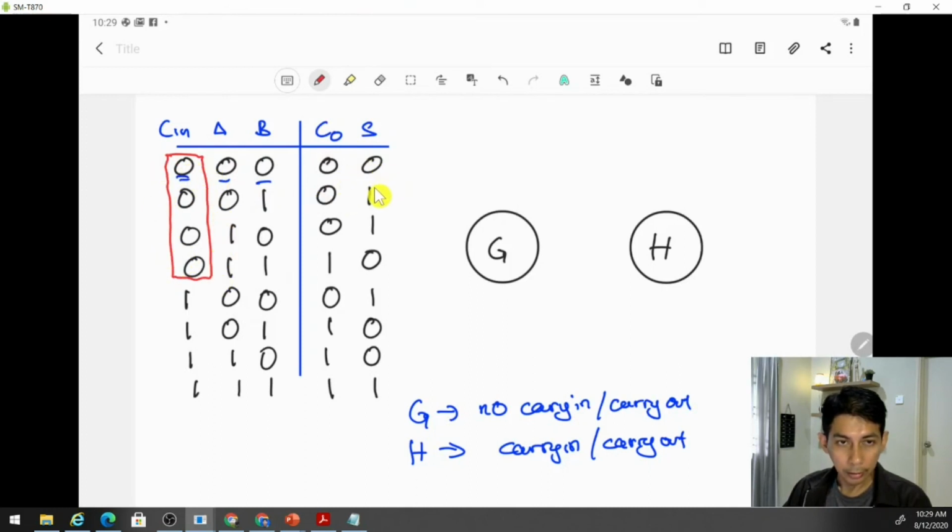And we will stay at state G when there is no carry out. So should be these three conditions, right?